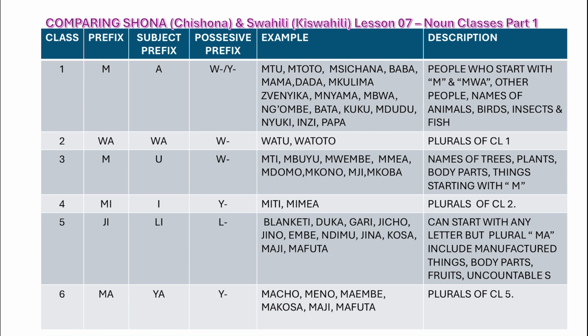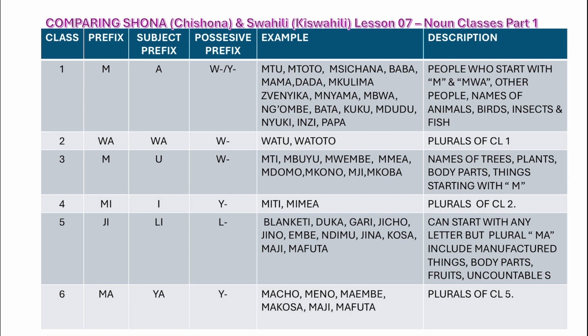Msichana, a girl. Baba, father. Mama, mother. Dada, sister. And professions like mkulima, a farmer. Renika, my name. And all other names, and your name as well, fall into this class.